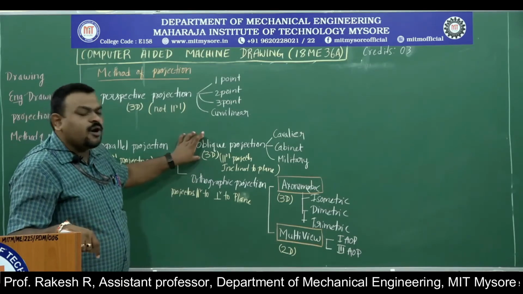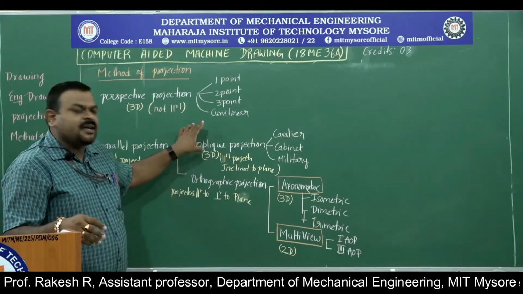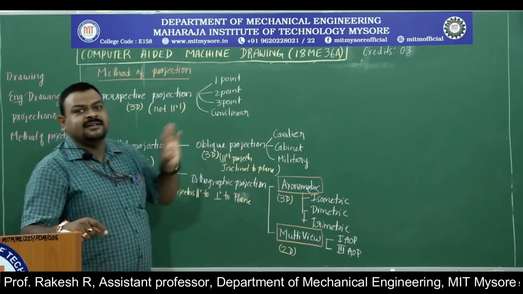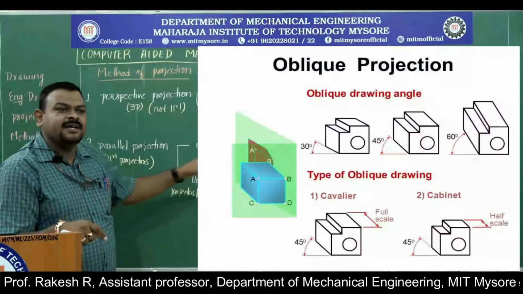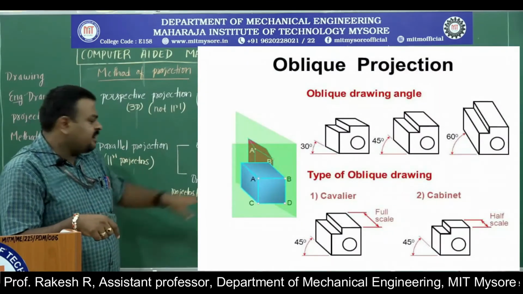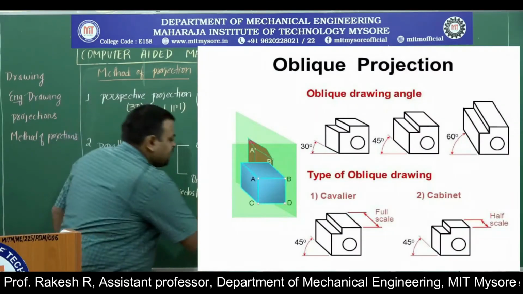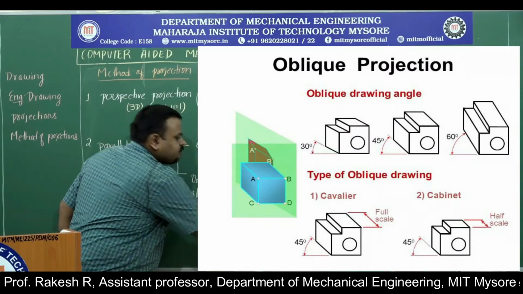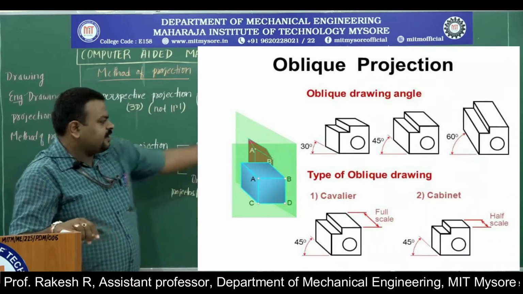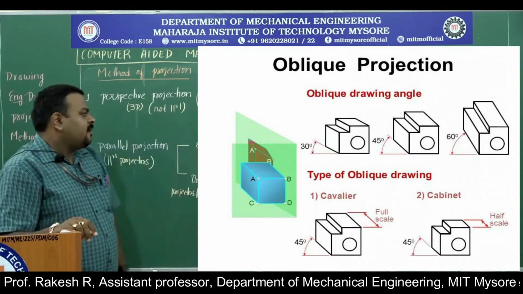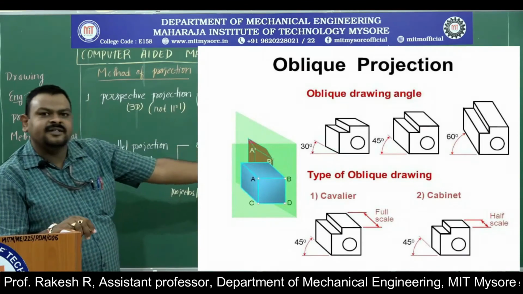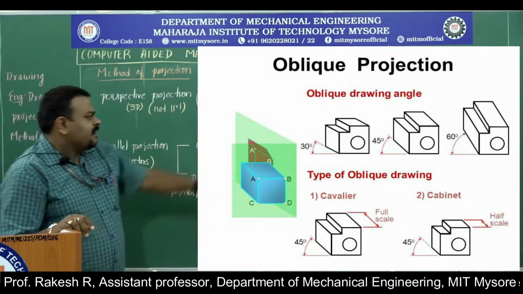As the name indicates, oblique means the projectors are parallel but the planes are inclined. Oblique is nothing but inclination. Here the planes are inclined at 30 degrees, 45 degrees or 60 degrees. Based on that, there are three types of oblique projections: cavalier, cabinet and military.